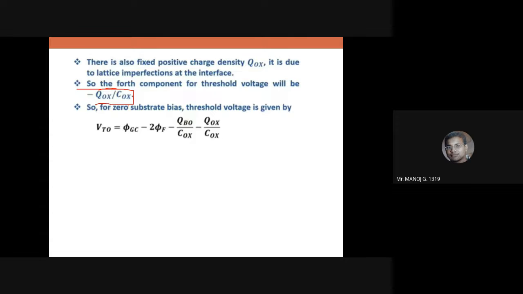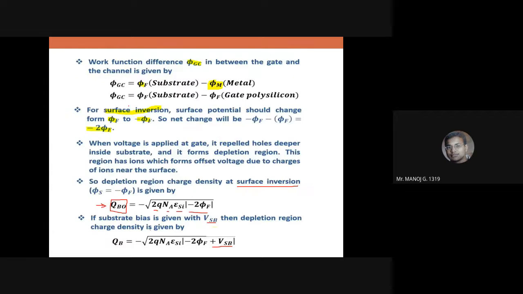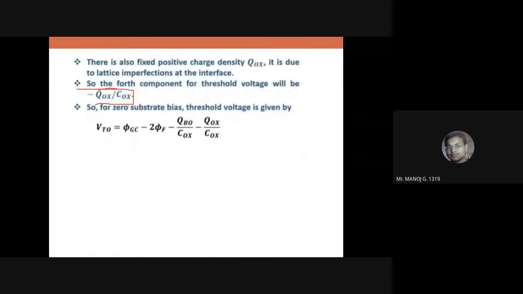Now, to sum up, we have studied all four parameters: work function, surface inversion, charge density, and the last one is lattice imperfection, right? Now, how do you calculate the threshold voltage? You just add all these four parameters. Please keep in mind that you are not considering the substrate biasing, which is the bulk voltage.